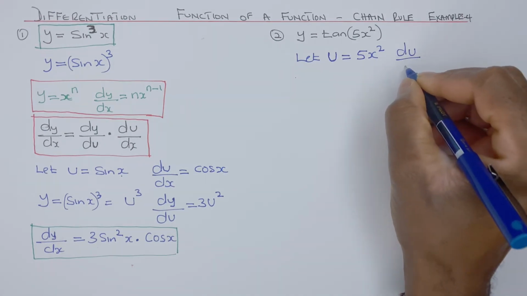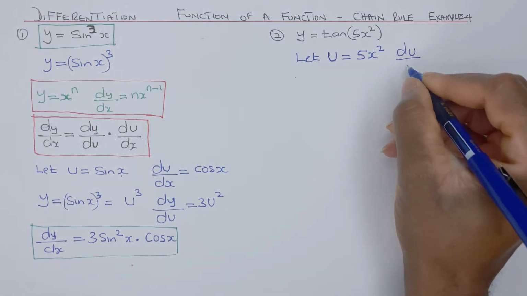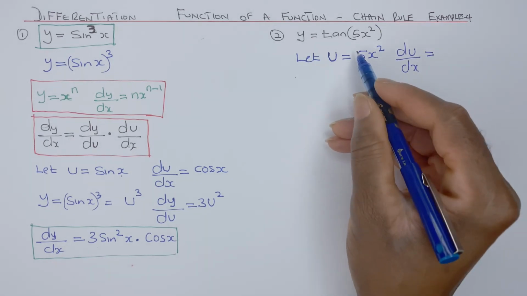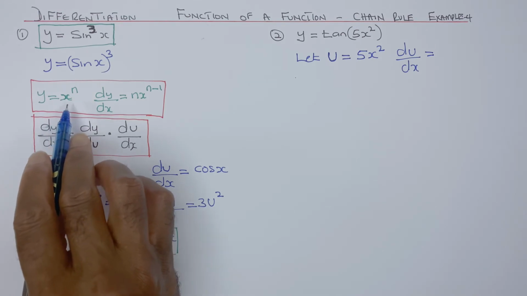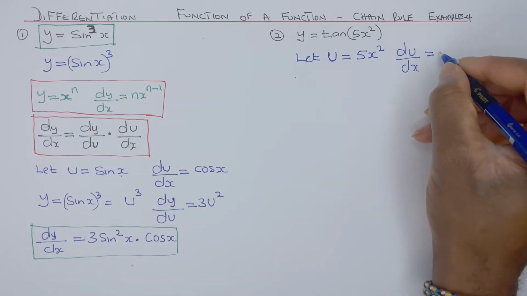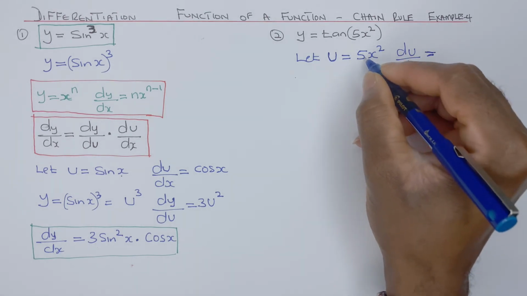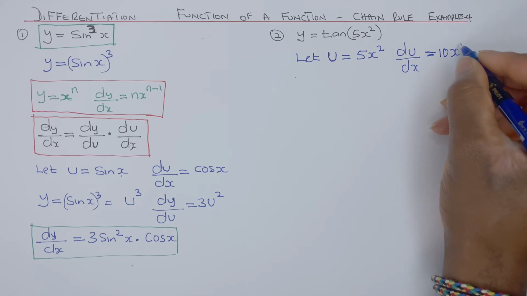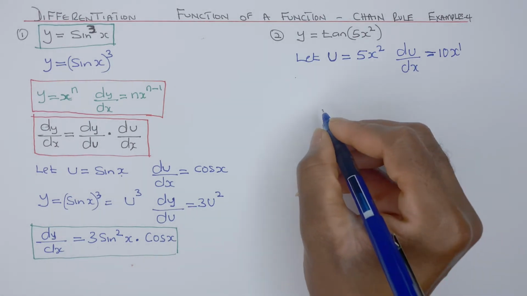The du/dx, that would be, we can see we're using that now. So that's a 5 there already. So that's 5 times 2. So that would be 10x to the power 2 minus 1 is 1, x to the power 1.